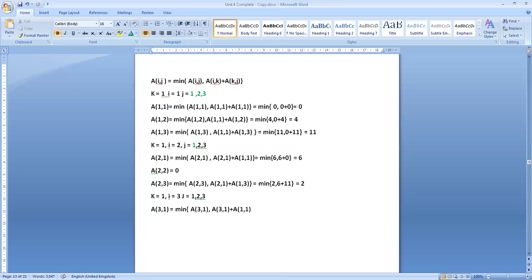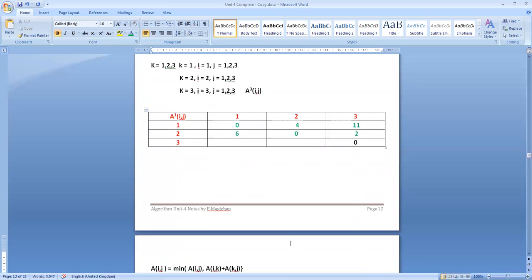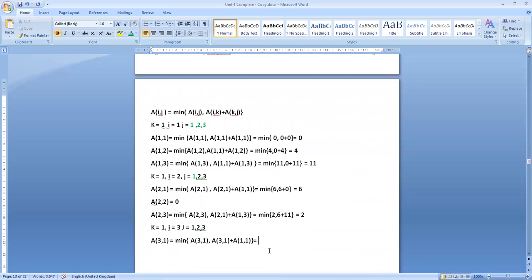A naught of 3 comma 1 is 3, minimum of 3 comma 3 plus 0, so that is equal to 3.